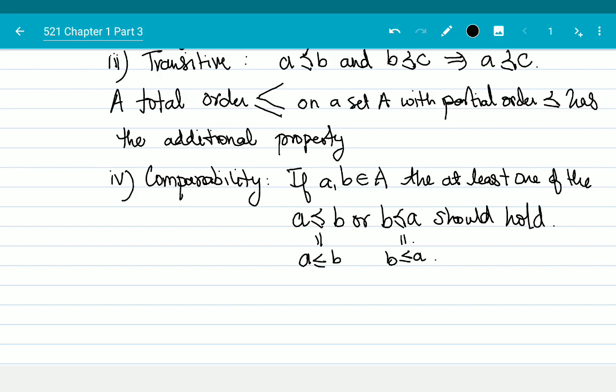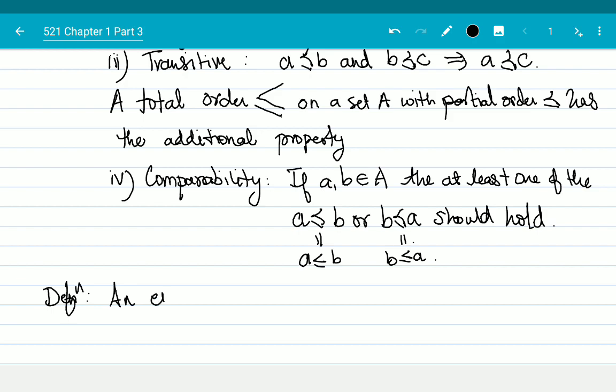Okay, there are quite a few things like this. Another important condition is the definition of an equivalence relation.